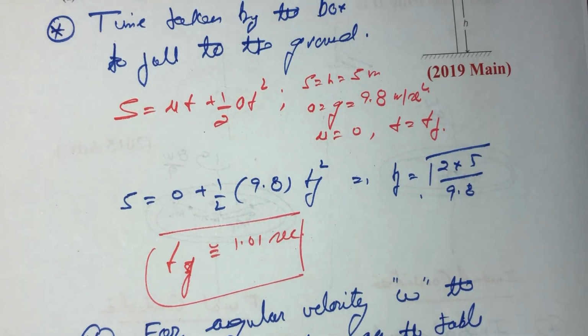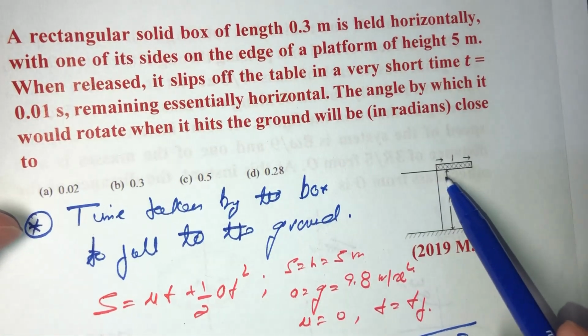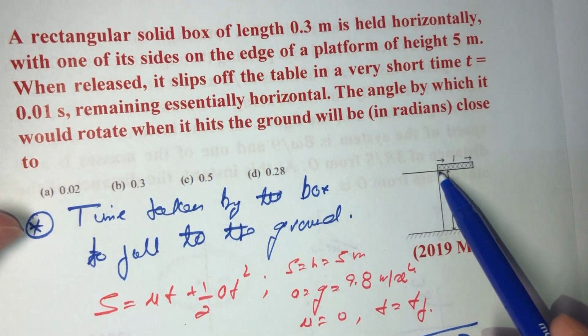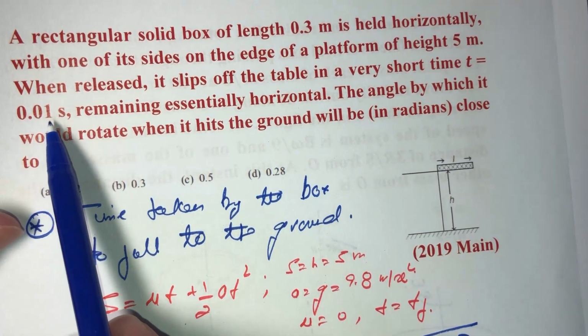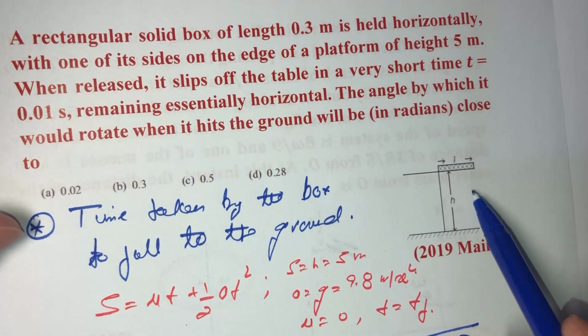Therefore, this edge is nearly stationary for a fraction of a second, that is 0.01 second, and the free edge starts to fall.